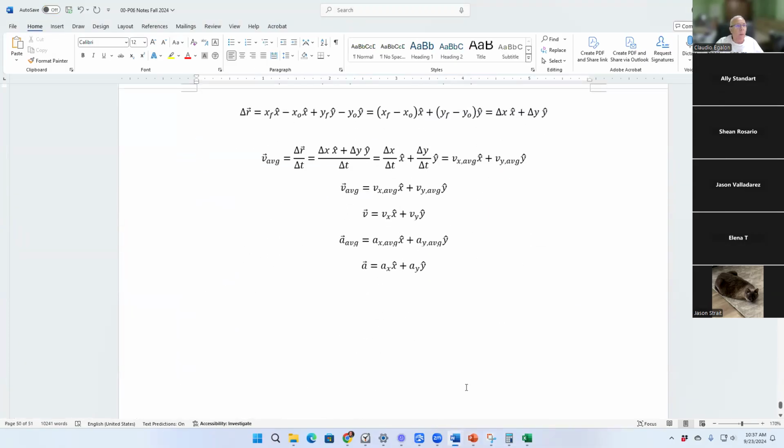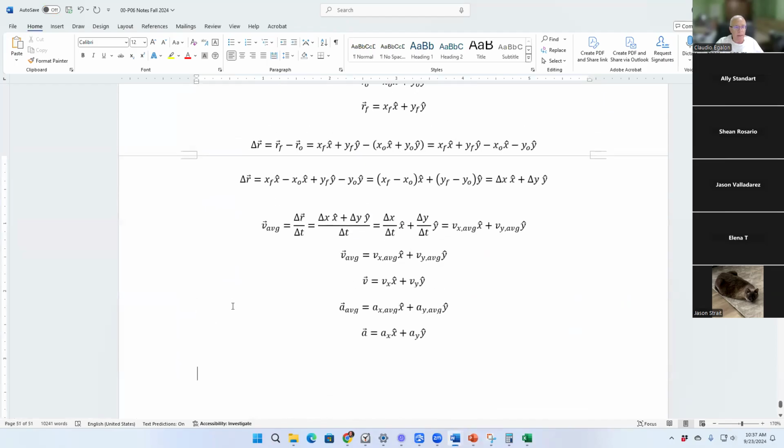So, going back here: as delta t goes to zero, the instantaneous velocity vector tends to be tangent to the path of the particle at a given point.